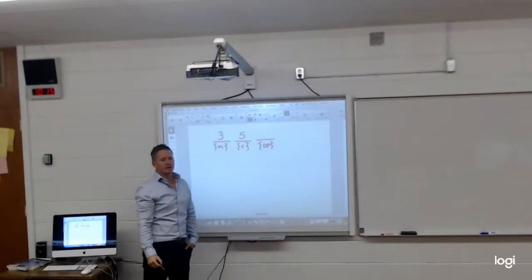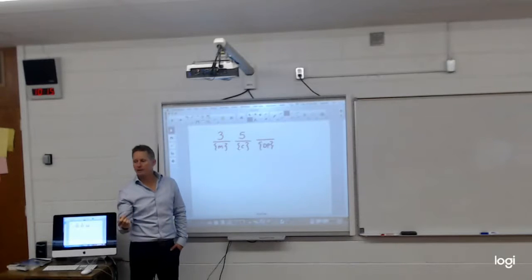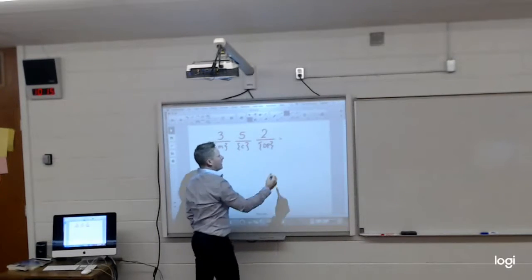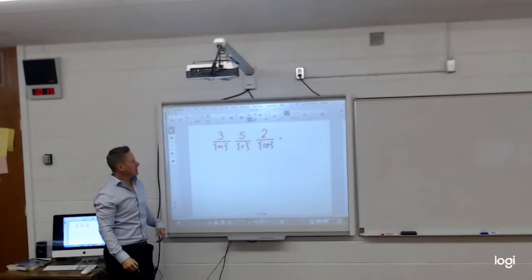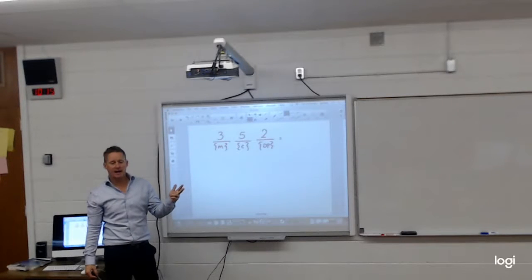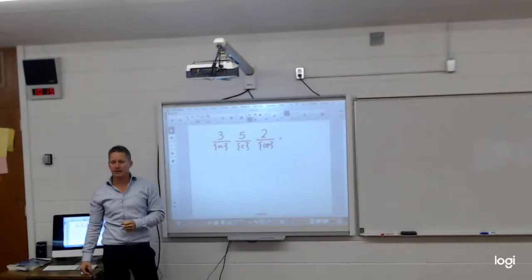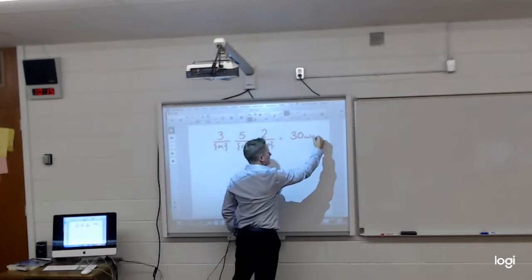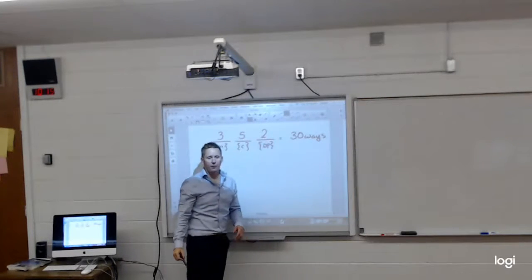So she has a choice of getting a data plan or not getting a data plan. So how many choices does she have here? 2. So the total number of ways in which she can select a model, a color, and whether or not she has a data plan, I multiply these together. So there's 30 ways in which we can do that. That's pretty straightforward.